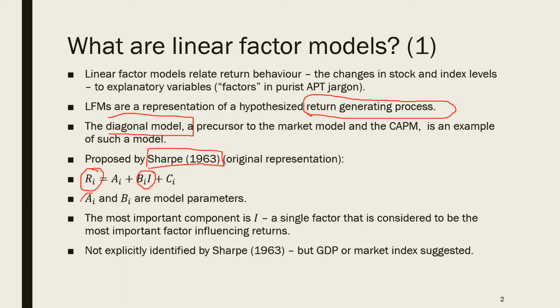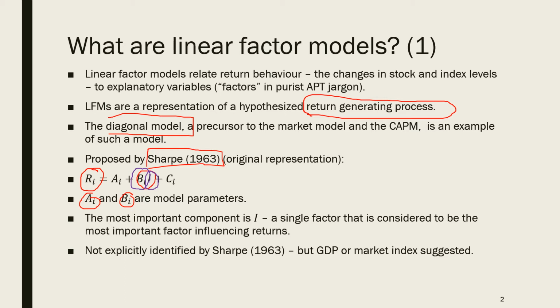And then A and B are so-called model parameters, where what we worry about is the B, which later then becomes the beta, is the sensitivity of returns to a change in our explanatory variable, whatever that may be. In other words, what the diagonal model proposes is that returns respond to a variable.